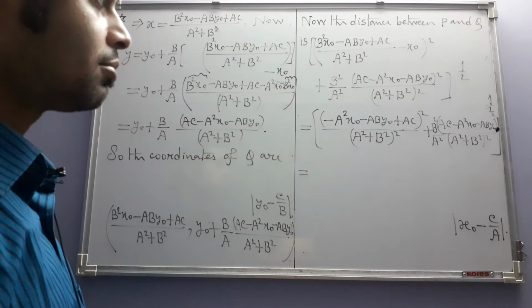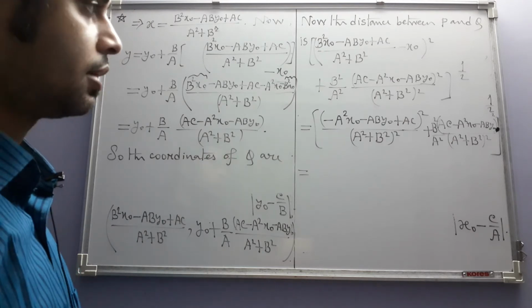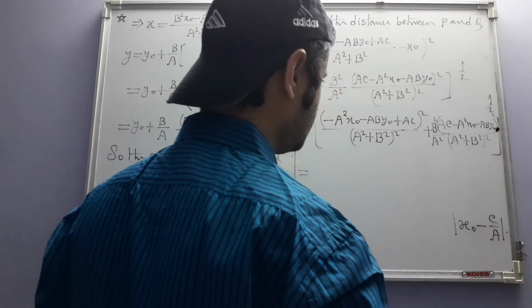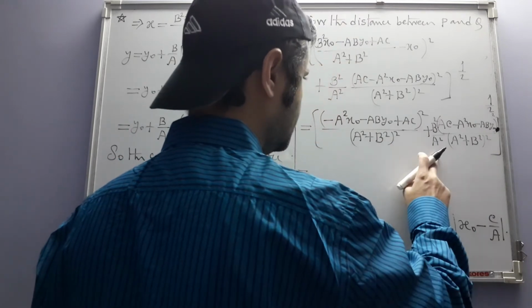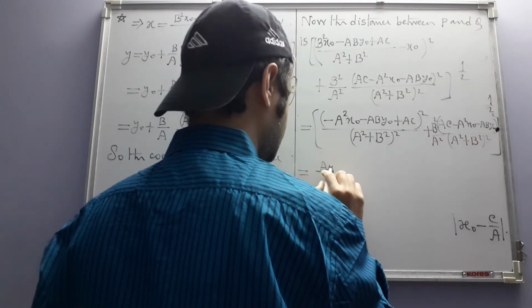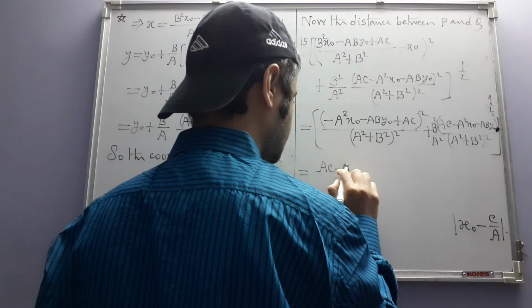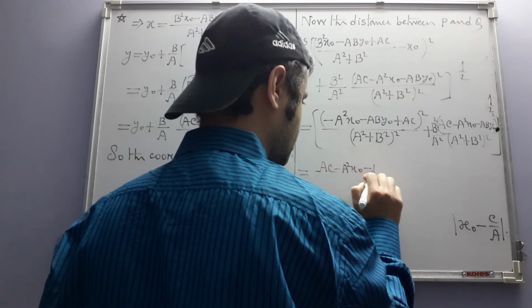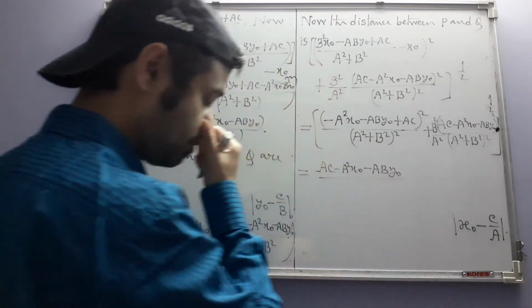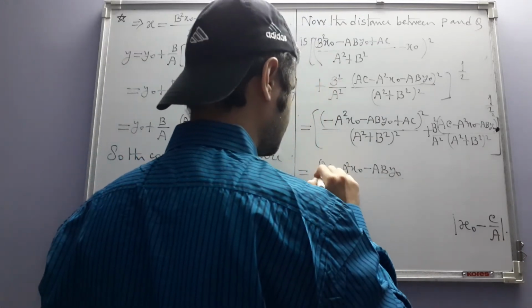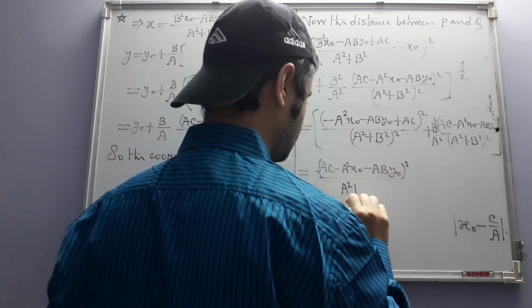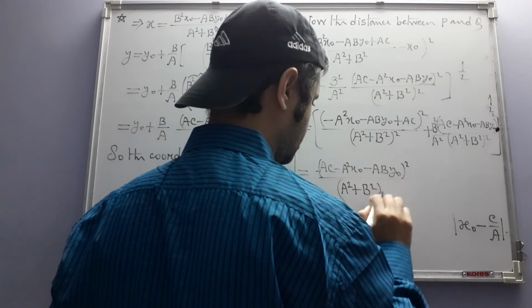So we have common terms to take out, and the common terms are these: a c minus a square x naught minus a b y naught, squared, divided by a square plus b square whole squared.